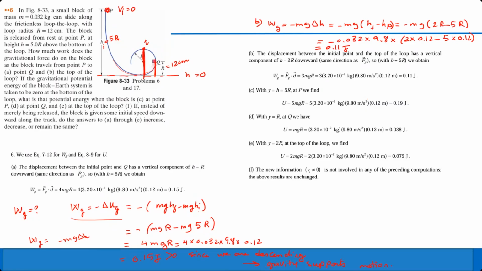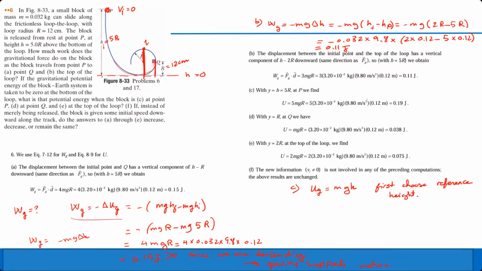In part C, we want to find the gravitational potential energy itself. We want the potential energy at point P. So now we're looking for the potential energy, which we defined as UG equals mgh. To solve for gravitational energy, first choose your reference to the height.